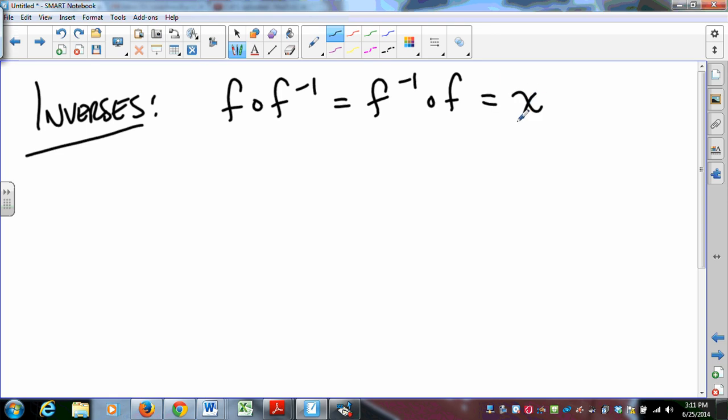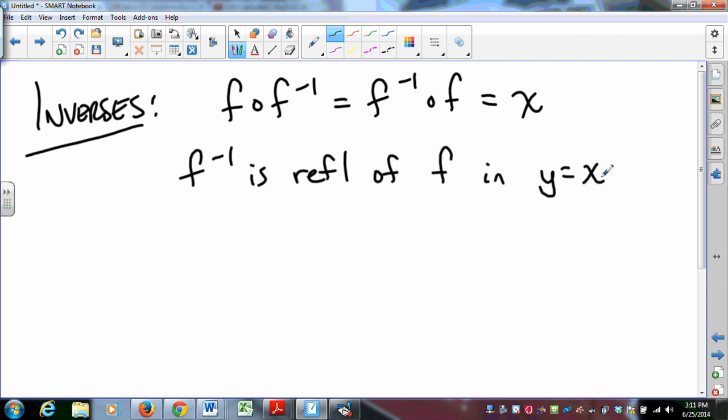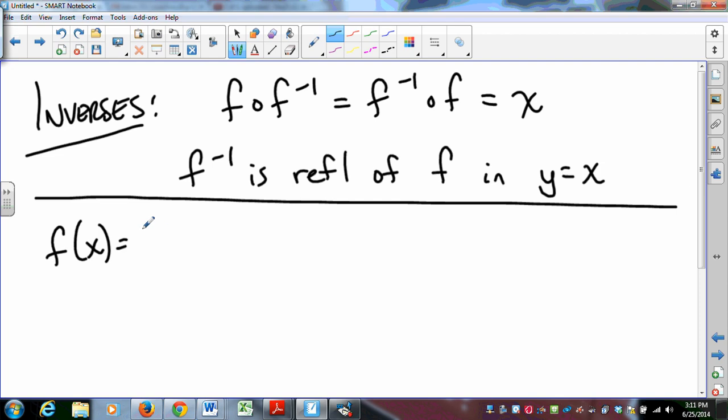You get x. f inverse is the reflection of f in the line y equals x. So let's pretend that f of x is, just by way of example, 2x minus 6.